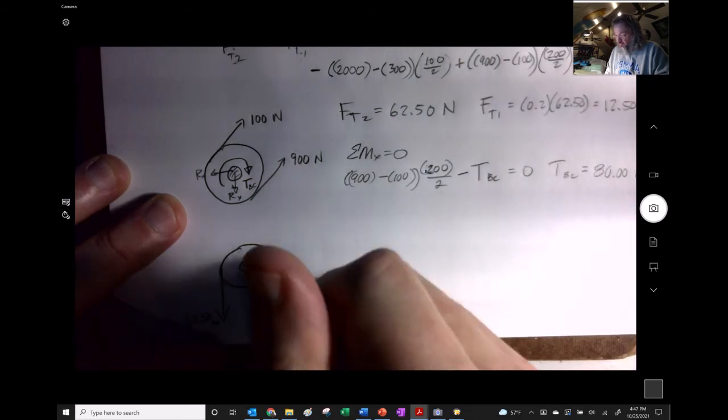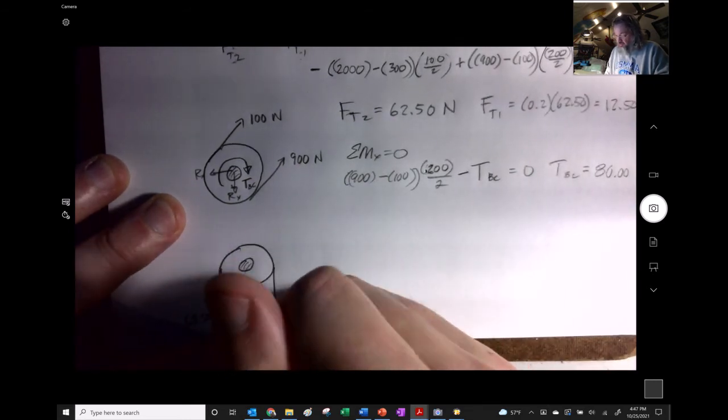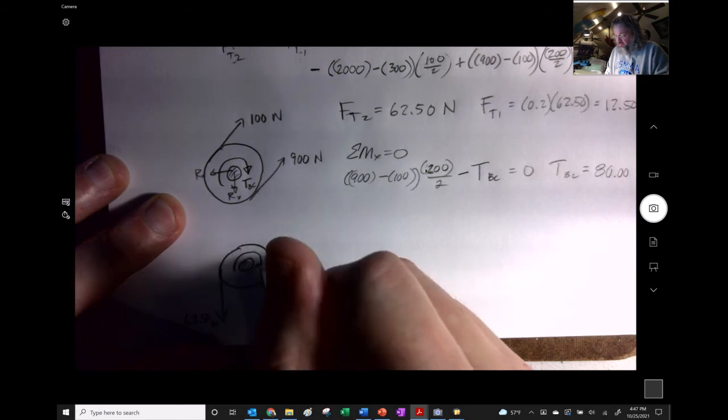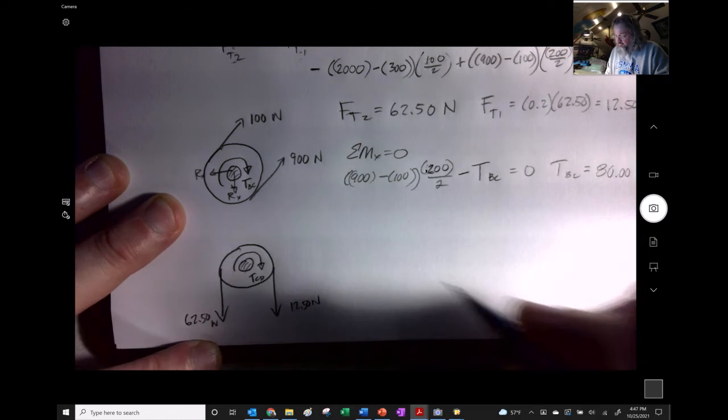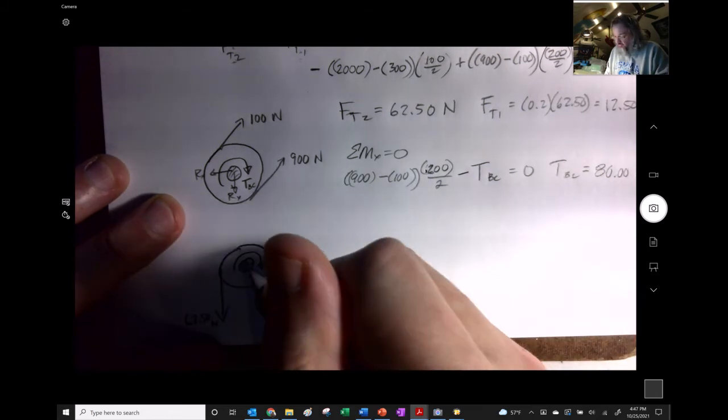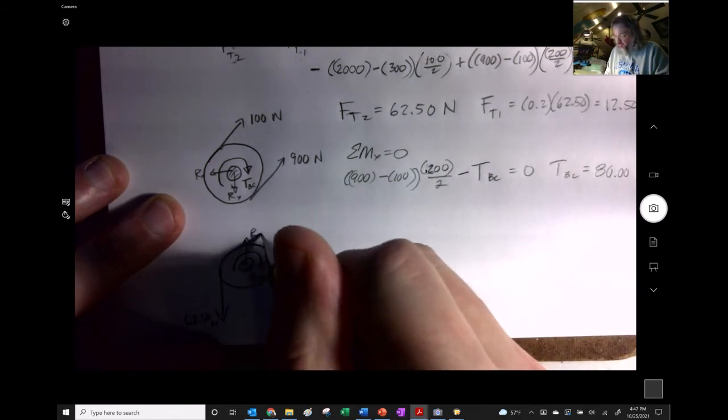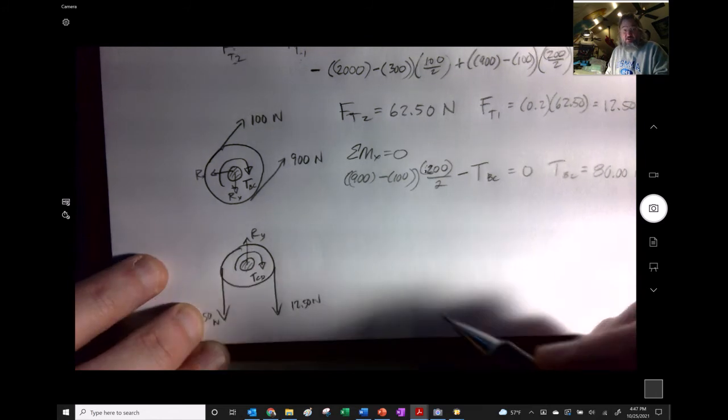So this is not going to be a whole lot. This is going counterclockwise, so this T, which we're going to call CD, is coming in that direction. And if we were going to be technically correct, we would say that there's a reaction in that direction.